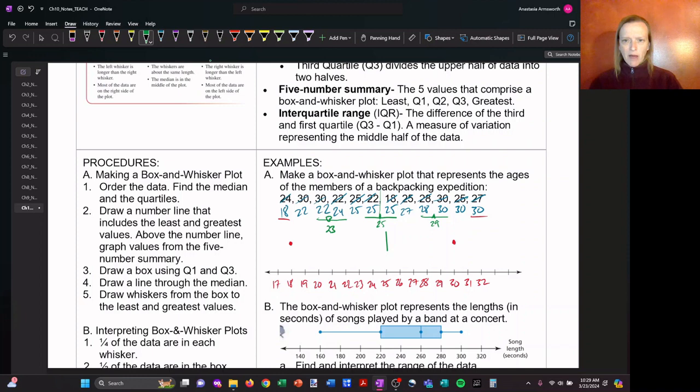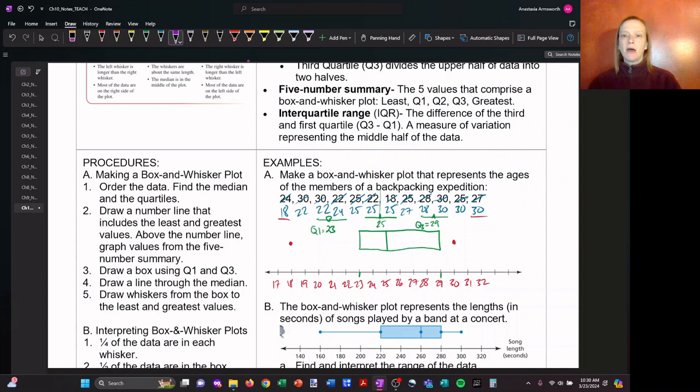So I'm going to have a box that goes from 23 up to 29, like that. So notice I graphed my 23 value, my 29 value, and used that Q1 and Q3 to draw my box.